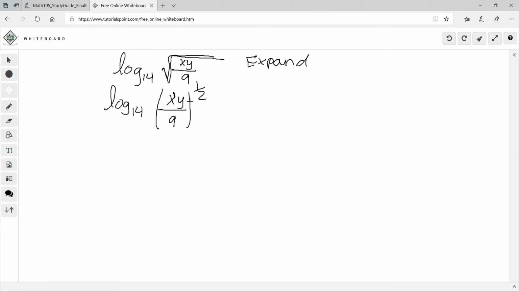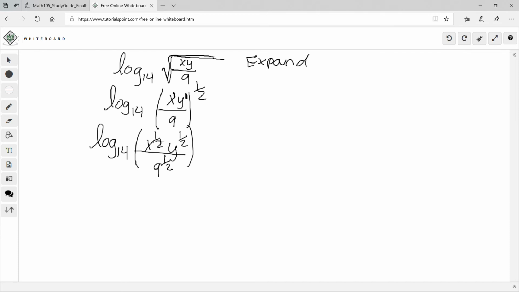So there's a 1 here and a 1 over here, so it's going to be log base 14, and then 1 times 1/2 is 1/2, so it's x to the 1/2, and y times 1 times 1/2 is 1/2, and then you have to distribute this 1/2 to the 9, so it's divided by 9 to the 1/2.